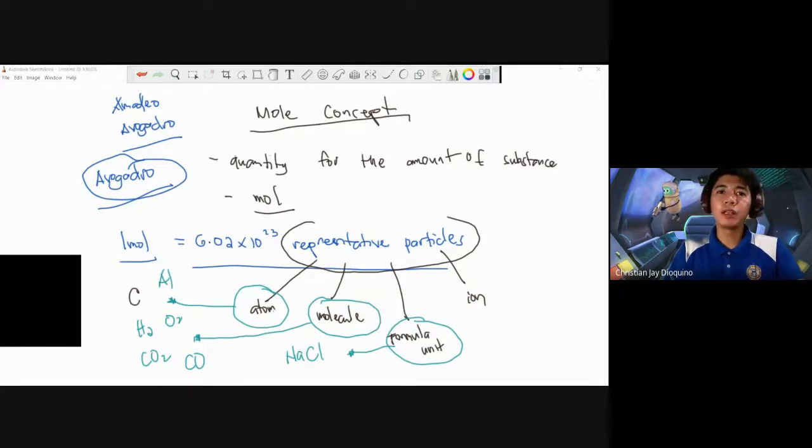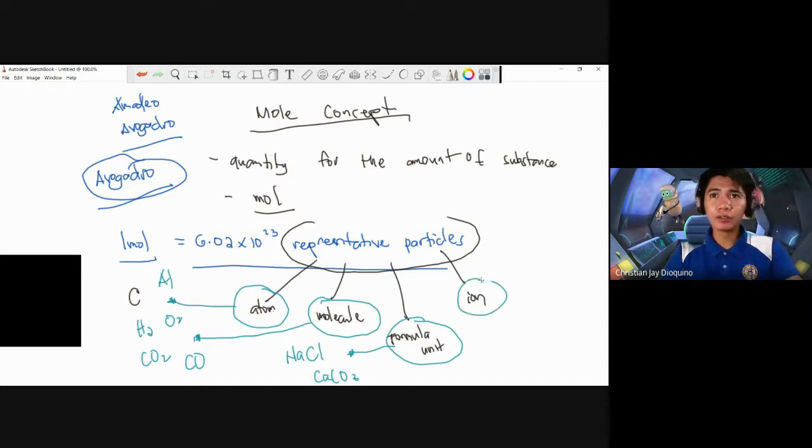Okay, so part pa rin dito or included dito yung paggamit ng polyatomic. Let's say meron tayong calcium carbonate. Okay? Calcium carbonate, CaCO3. Yan, formula unit yung gagamitin natin sa kanya. Okay, basta ionic compounds. Okay, so itong tatlong to, this is the most common.